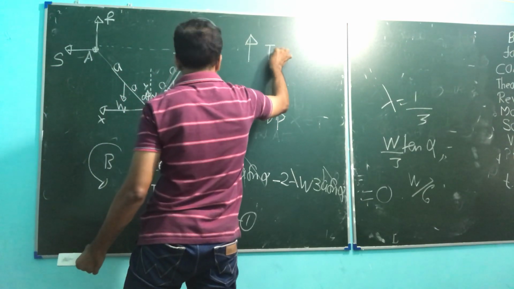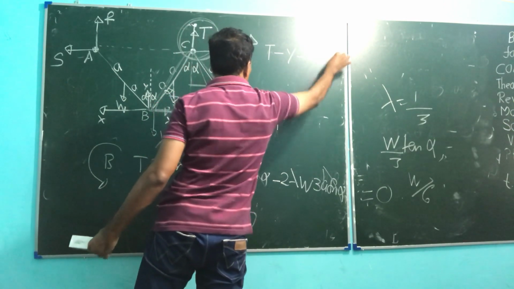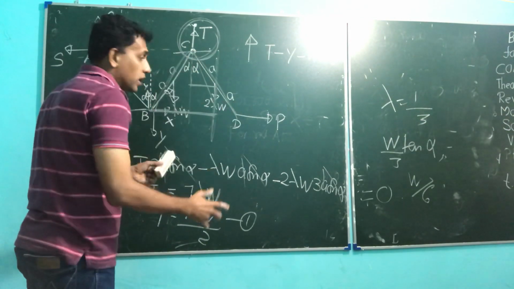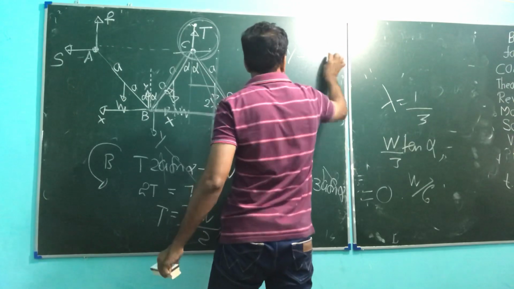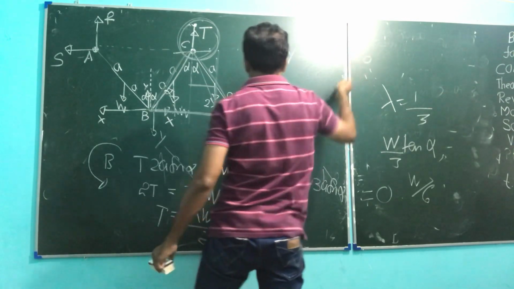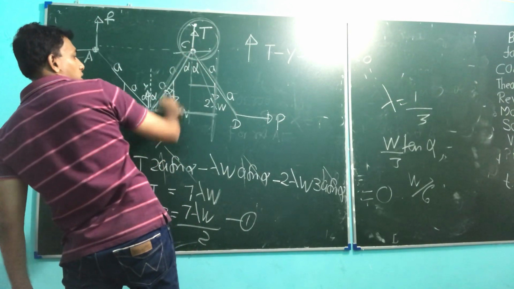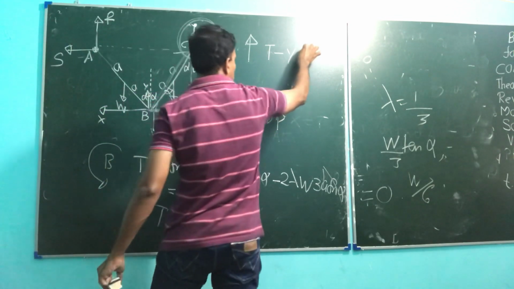T minus Y minus W equal to 0. For these two rods, here 2 lambda W is available. See here, under final paper, upward equal to downward, equal to 0. T up, Y down. Okay, Y is down. W, lambda W, 2 lambda W.